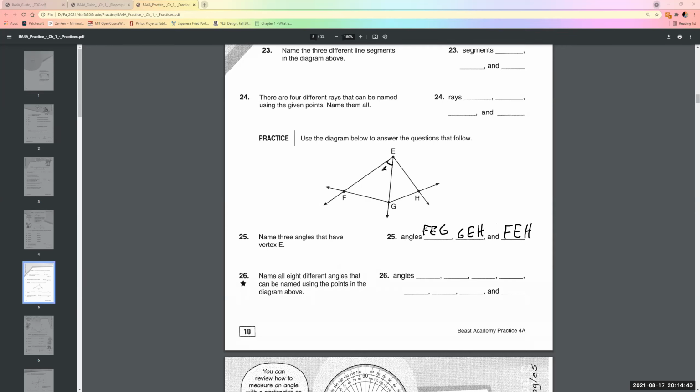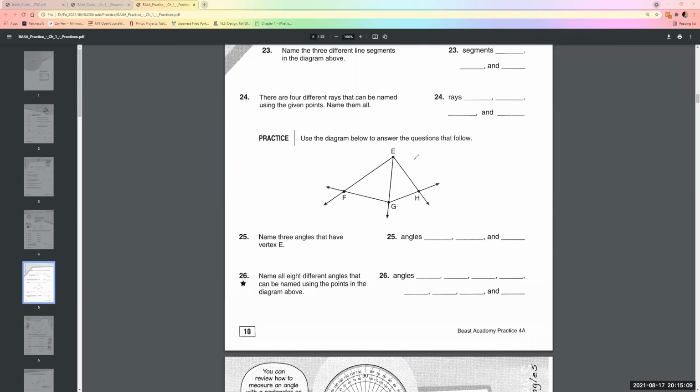In this case, these notations: this is our first angle right here, FEG or GEF. This one is our second one, GEH or HEG. And then our last one is this big one right here, which is FEH, or sorry, HEF. All right, and then the last one.